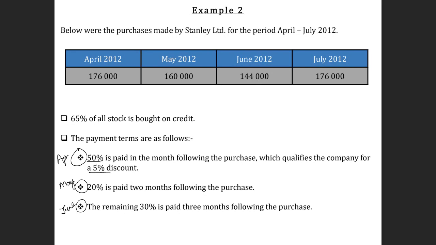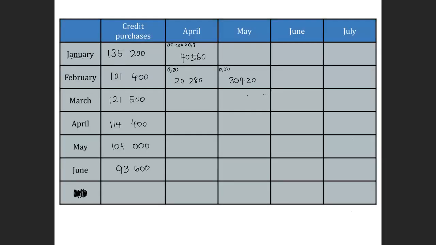So now with the 50%, they said to us that if we pay the supplier in the month following the purchase, then they're going to give us a 5% discount. So we need to bring that into play as well. So if this amount is 121,500, we need to first work out the percentage that we would have paid.